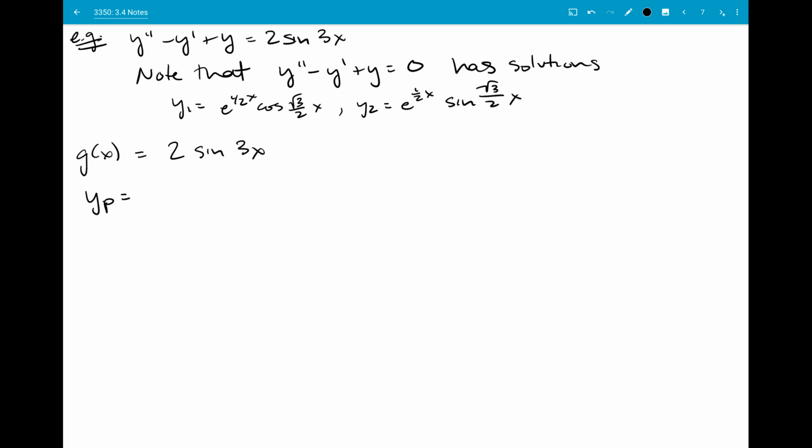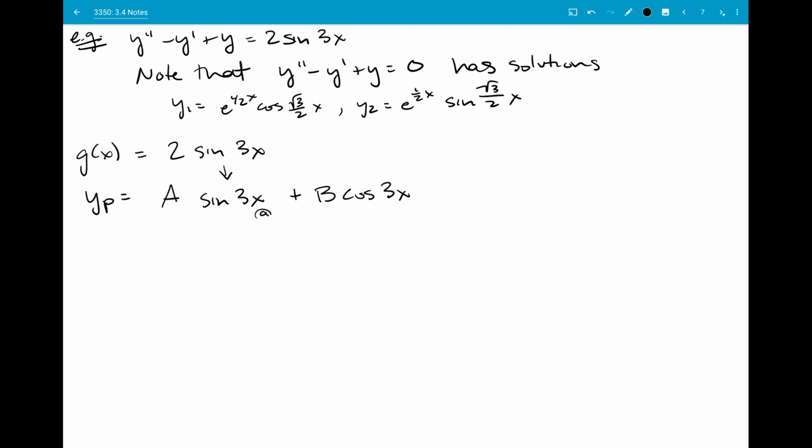Now what we want to do is build our y sub p. Using our first principle, we would say sine 3x appears in my g of x, so I think that is in my y sub p. But if you do that, you won't have enough in y to find the particular solution. So you also have to follow our second principle: sine 3x has a derivative, cosine 3x, so I'd better include that too.